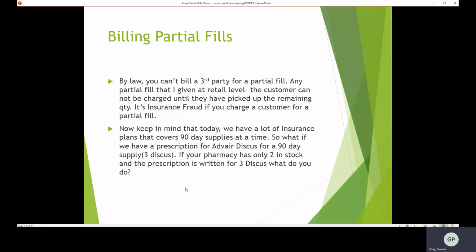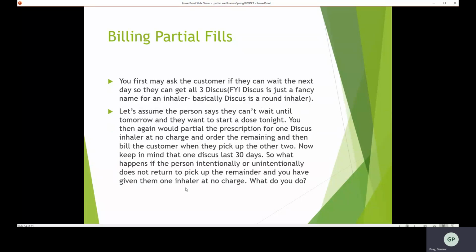And you're thinking to yourself, what if the patient doesn't come back and pick this up? Because this is different from the tablets, where you give them a 3-day supply. If you give them 1 disc, that lasts 30 days, and they might not come back. Well, here's the solution.